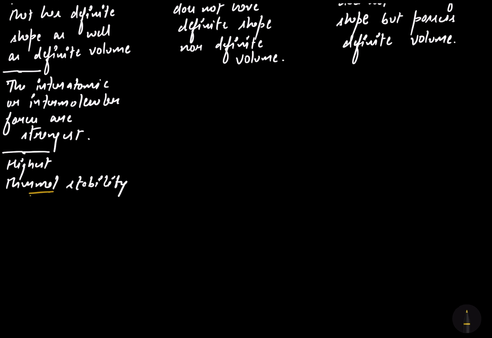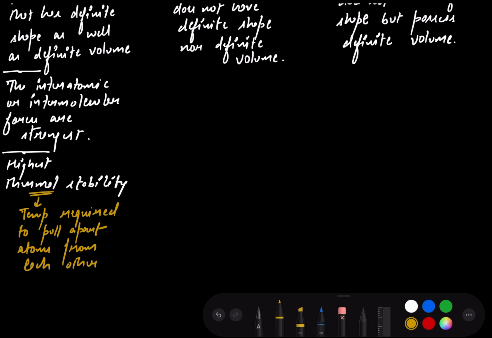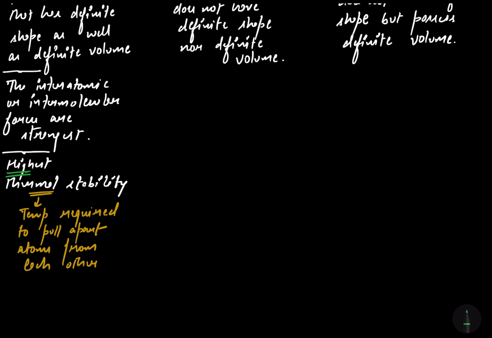Thermal stability can be defined as the temperature required to pull apart atoms from each other in the solid state. In the solid state, they have the highest thermal stability, so this temperature required will be the highest. That's the meaning of high thermal stability.